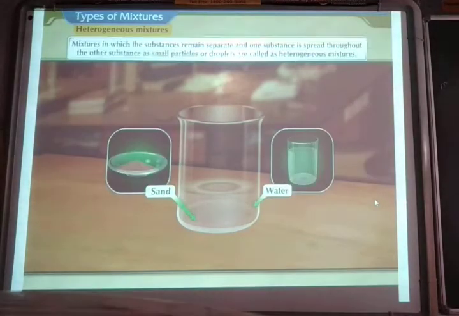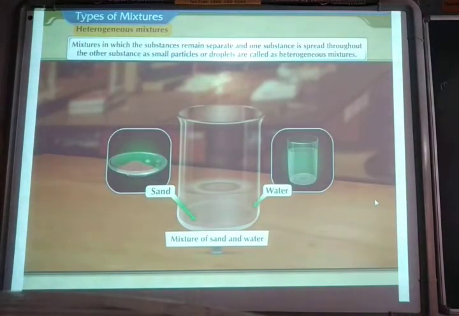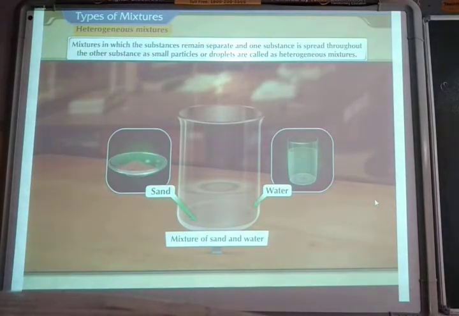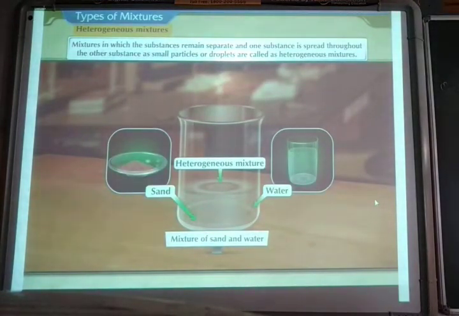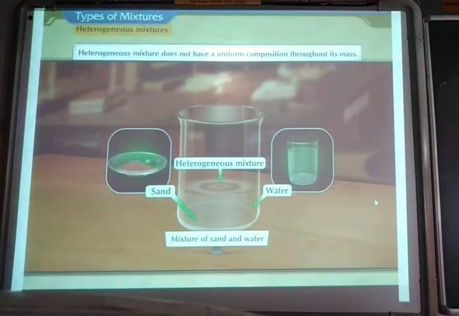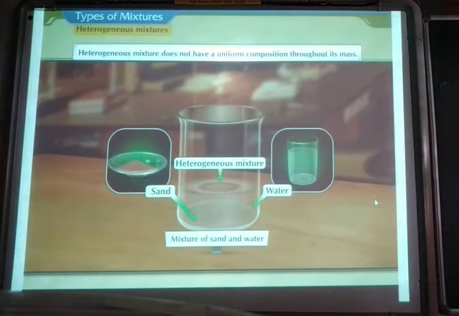Heterogeneous mixtures. Mixtures in which the substances remain separate and one substance is spread throughout the other substance as small particles or droplets are called heterogeneous mixtures. Heterogeneous mixtures do not have a uniform composition throughout their mass.